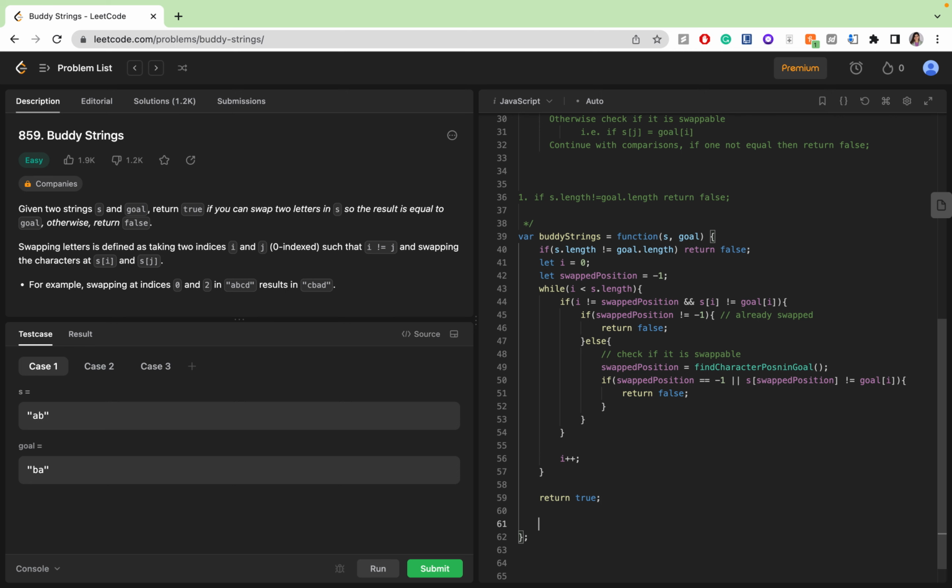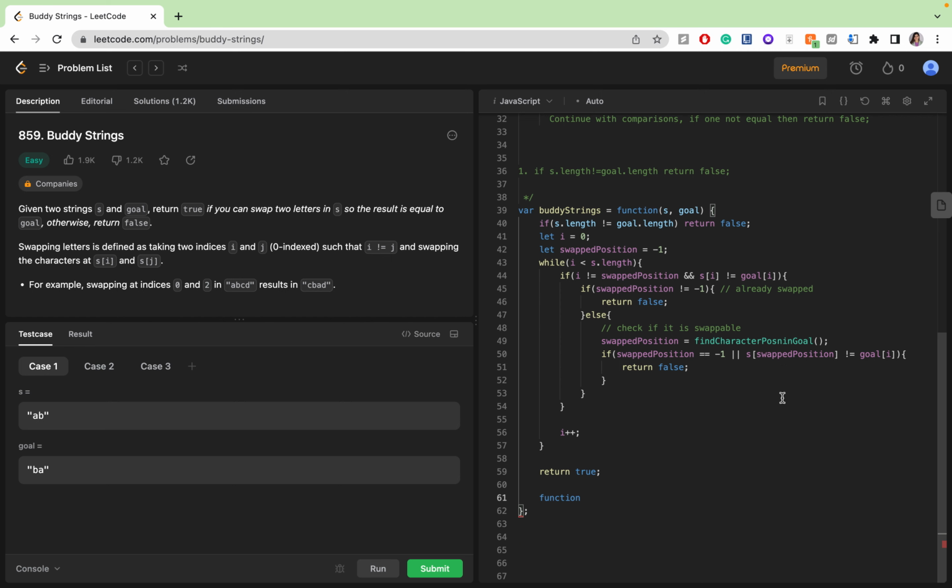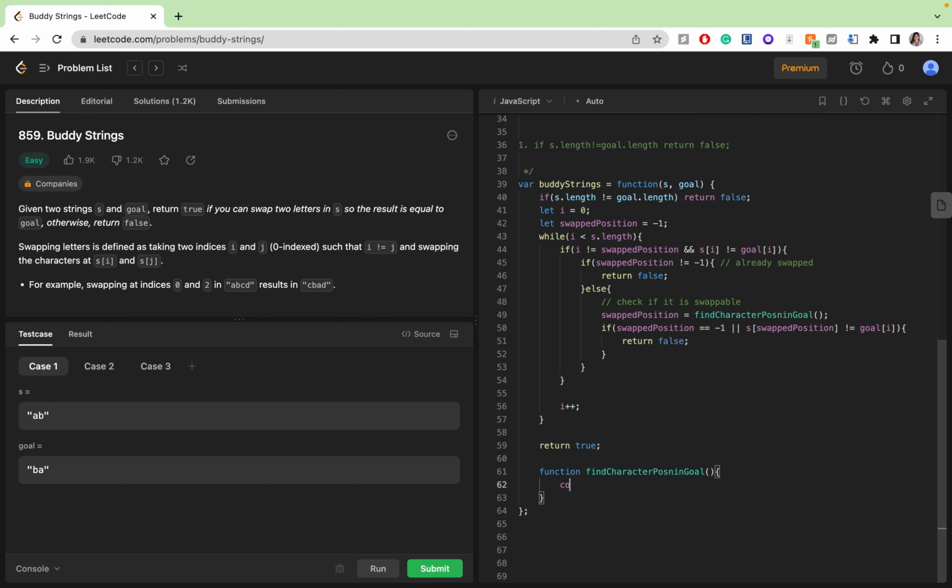Okay, now I think I should write this function. Oh my god, I have already taken 25 minutes. Function find character position, goal, and I should just say constant j is equal to i.